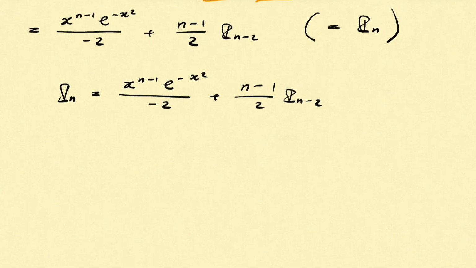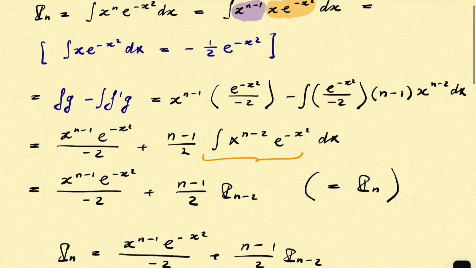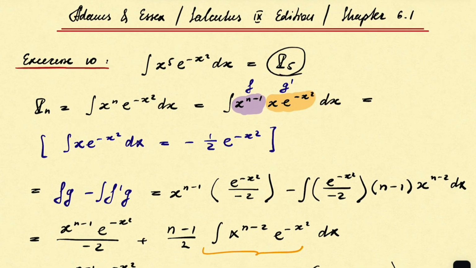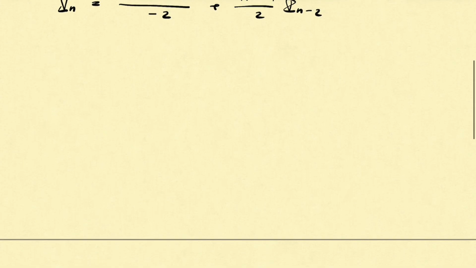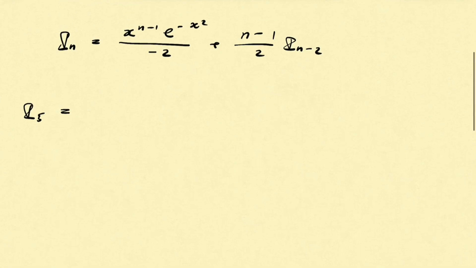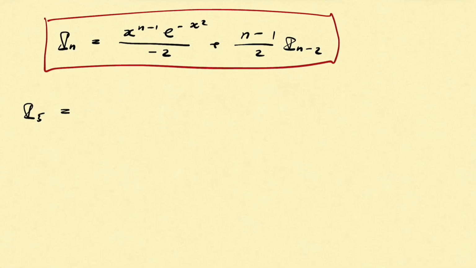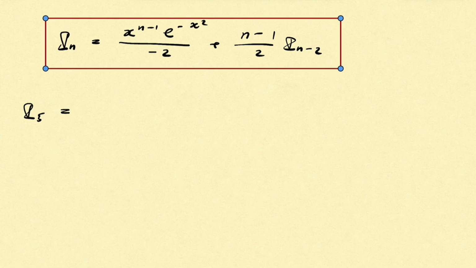Okay, now let's move to computing our integral. We need to find I_5, and we can do this by plugging in the values of n, starting from 5. Let me rectangle it.